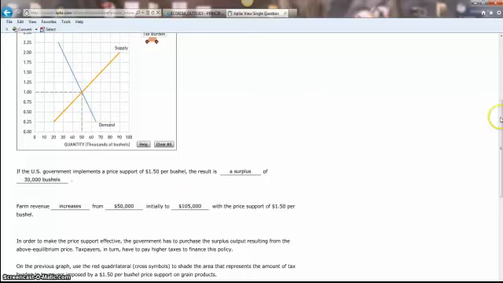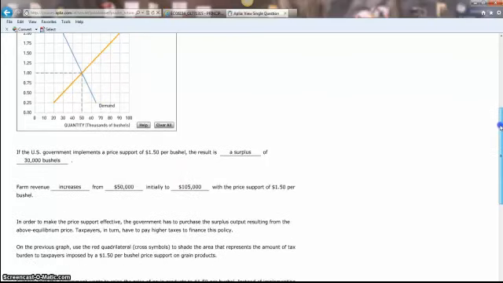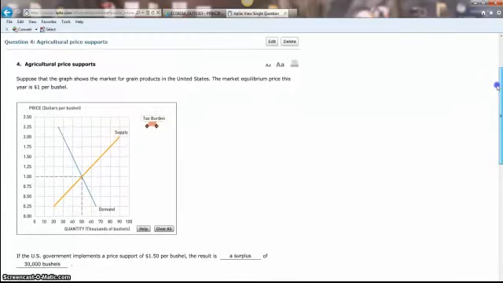The next thing they ask you to do is shade in the area showing how much the tax revenue, or the burden on the taxpayers, is going to be if the price of $1.50 is imposed. So we'll grab and hold down this tax burden, and drag it over until this red X is on the demand curve at $1.50.